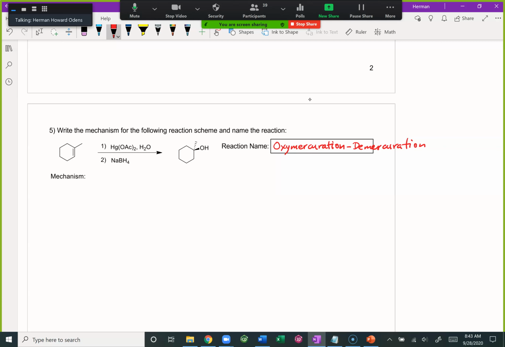All right, so here's the mechanism. So here you have mercury diacetate. Mercury diacetate is expressed like this. The parentheses mean that you have two acetate groups, one to the left and the other to the right. All right, and this is a dissociation reaction.